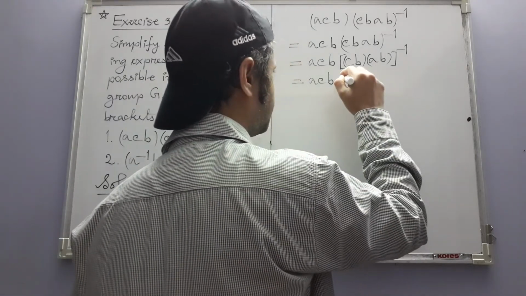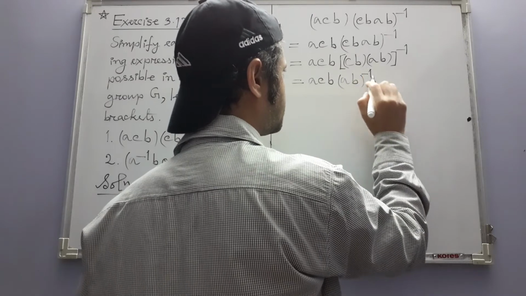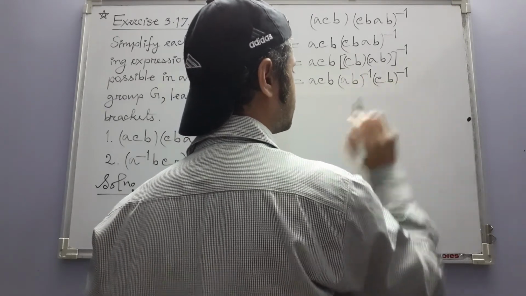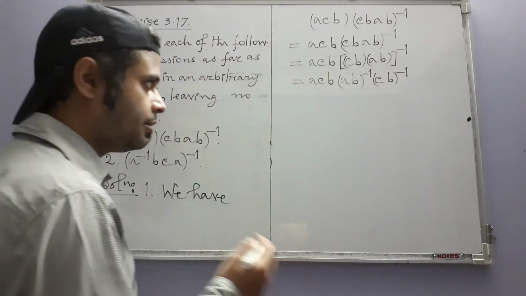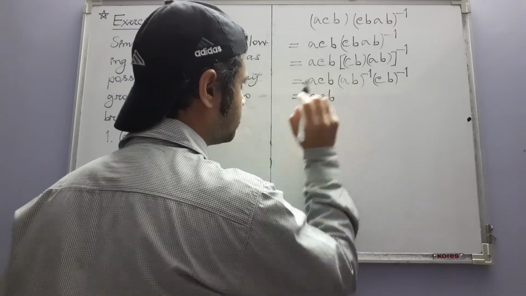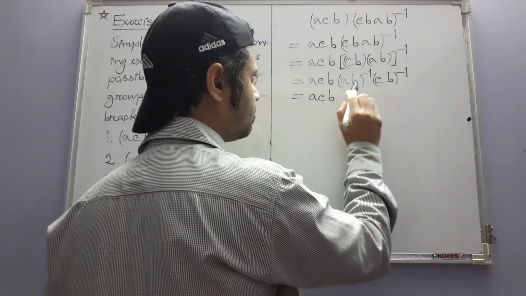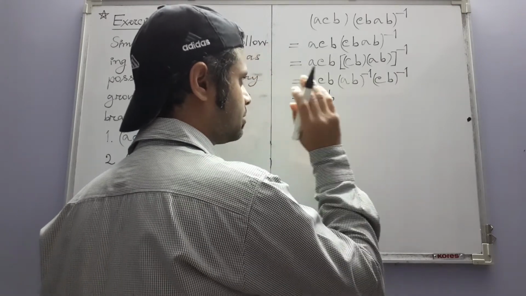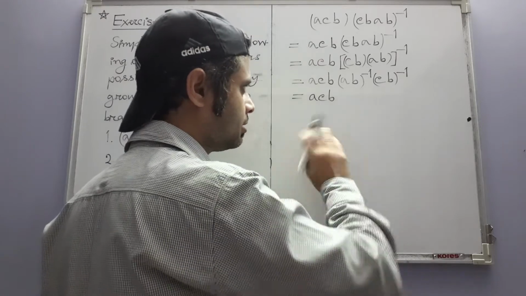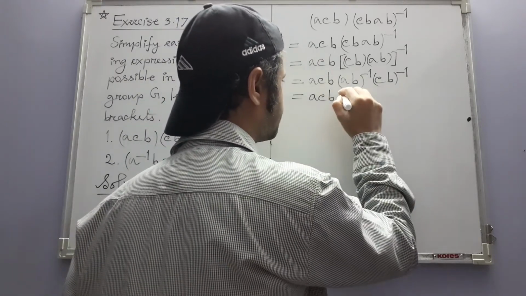So using that we get (AB) inverse, (CB) inverse. Again you use that and you get this thing, ACB. Here also when we take the inverse of AB, that is the product of the inverses of A and B, but in the opposite order, when you switch the things.